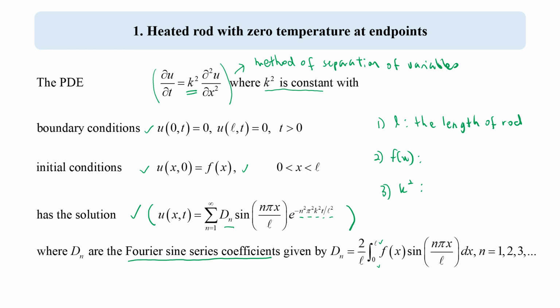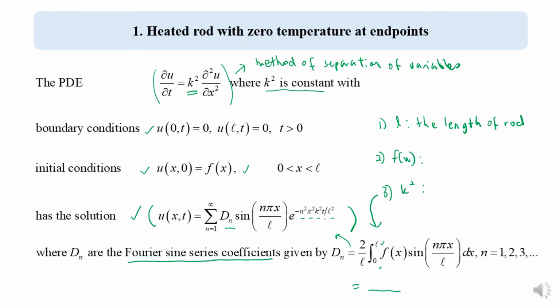Once you have them, you can substitute into the Fourier sine series coefficient d_n, and once you get d_n, you substitute into this solution to get the solution of the PDE, which is u(x,t). In this video, I am not going to show you how to get the solution of u(x,t) from the PDE using the method of separation of variables. If you are interested in learning how to get this solution, you can refer to the textbook.